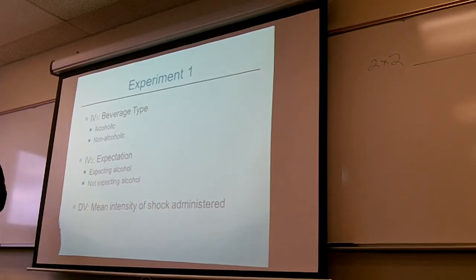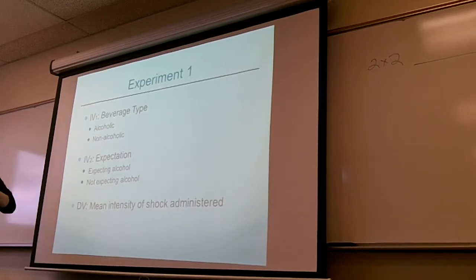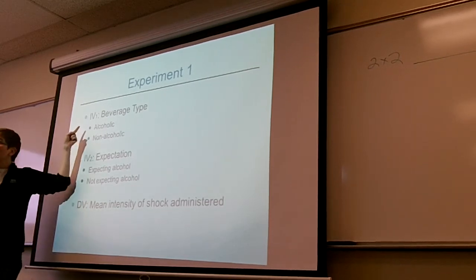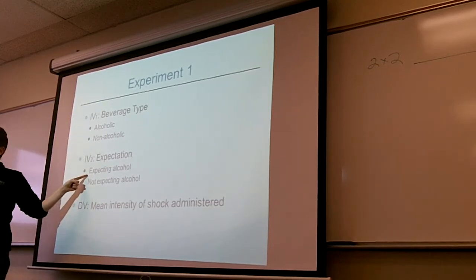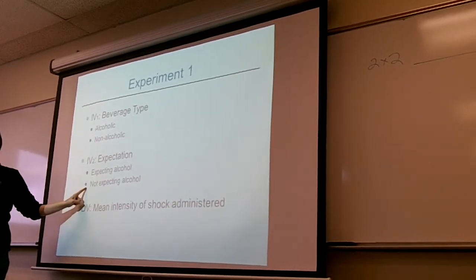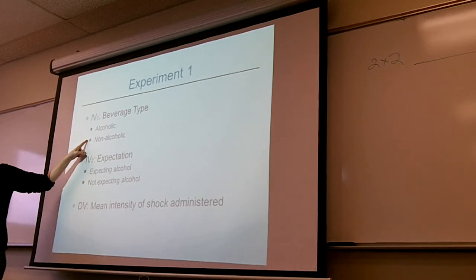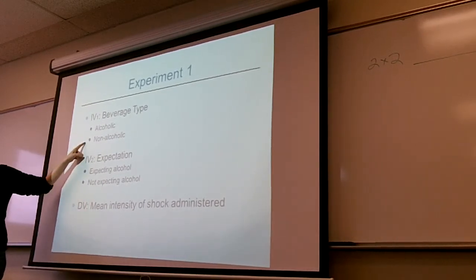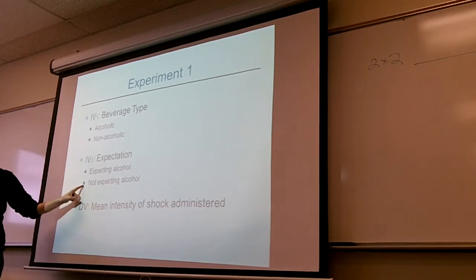Okay, so we're going to put people in these conditions. We have 4 different conditions, right? There's people who got alcohol and thought they were getting alcohol, people who got alcohol and thought they weren't getting alcohol, people who didn't get alcohol but thought they're getting alcohol, and people who didn't think they were getting alcohol and didn't get alcohol.